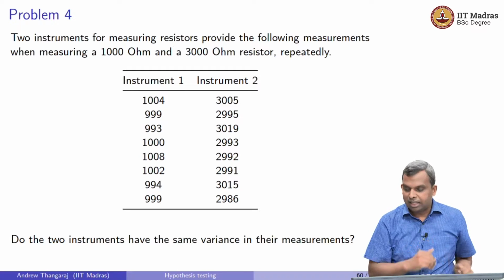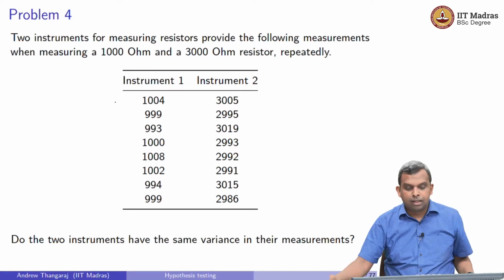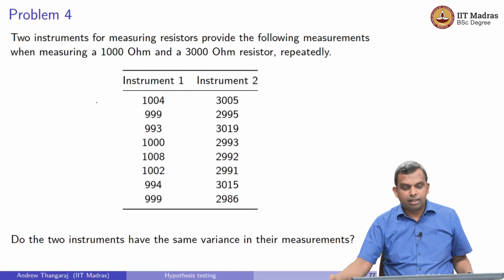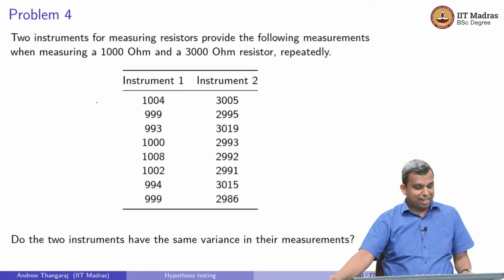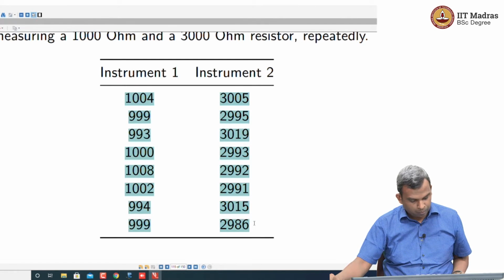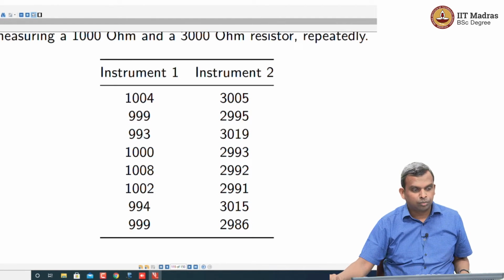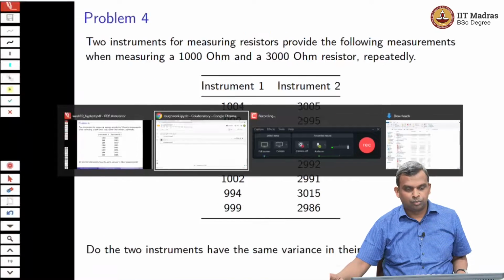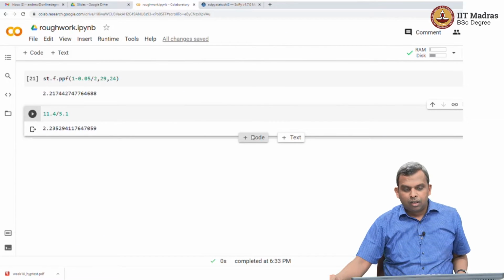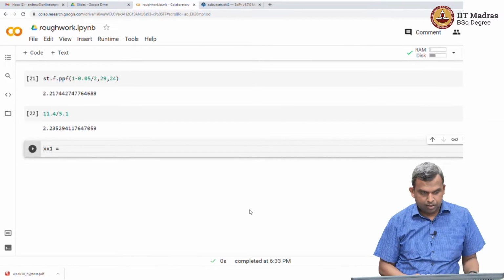The first thing is to push this data into my Colab calculator, and that doesn't seem that easy in this case because I've got it in columns. I should have maybe put it in rows, but anyway, let me see if that works out.